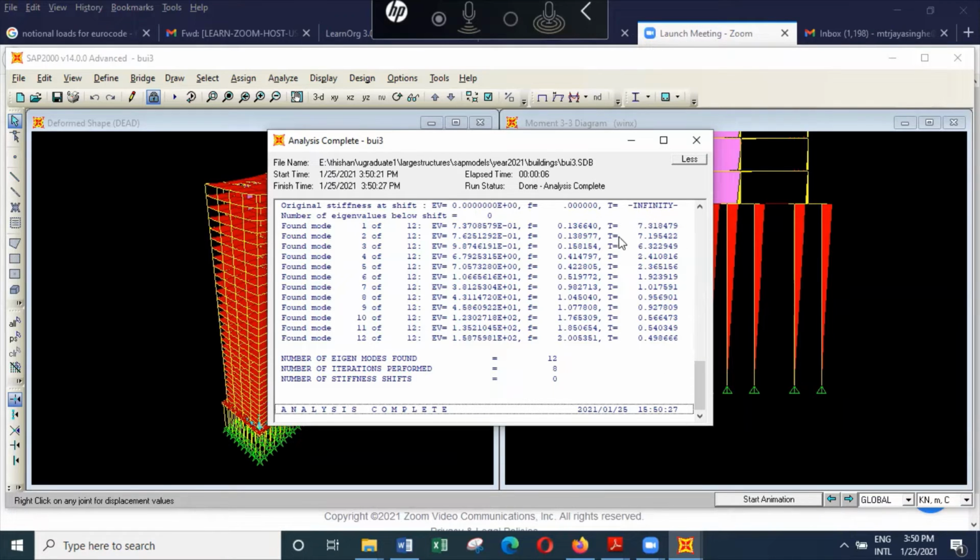Now you can see what has happened to the first mode of vibration, 7.31. So although it looks stable, it's fairly unstable because there's no restraint.